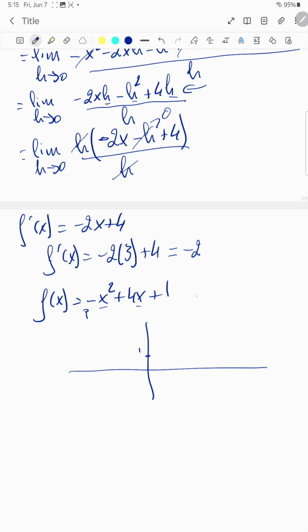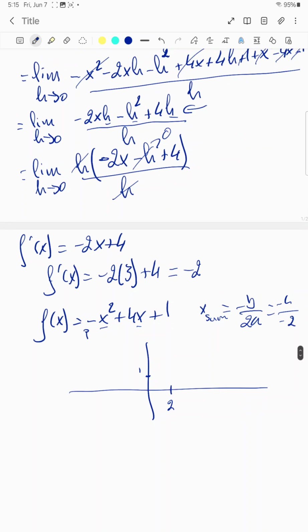And if I want to see my summit, x of my summit equals minus b over 2a, which is equal to minus 4 divided by minus 2, it's equal to 2. And for x equal to 2, I would have here minus 4 plus 8, it's 4, plus 1, it's 5. So here I have 5. So that's my summit.